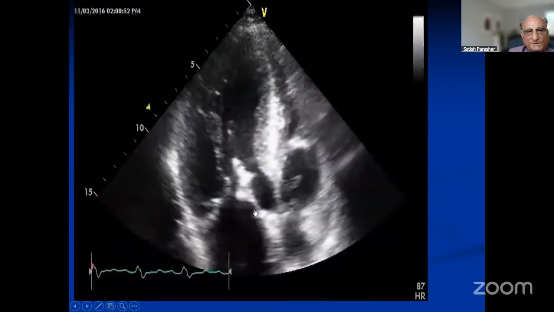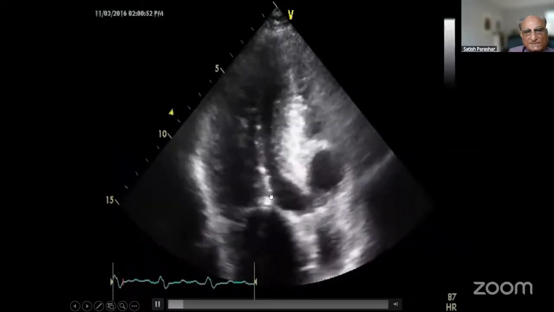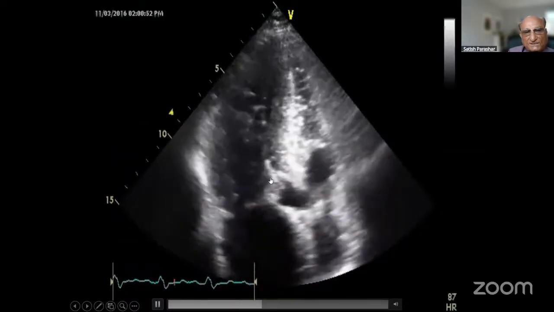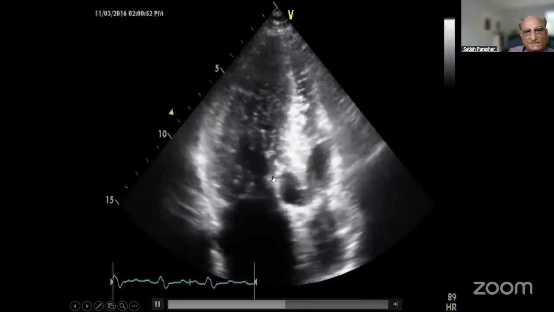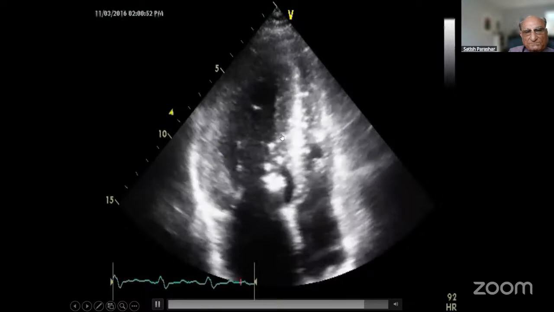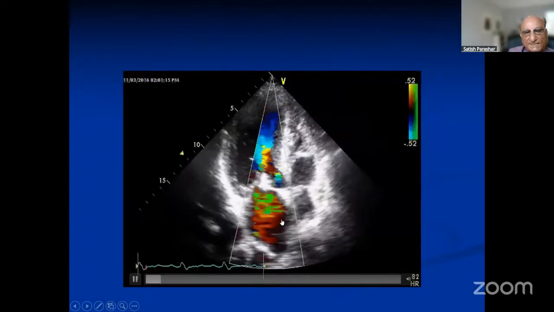For example, one of our patients has vegetations in relation to the anterior mitral leaflet. So you see multiple vegetations with a SAM and a thickening. Because of this abnormality, the MR was more or less anterior.